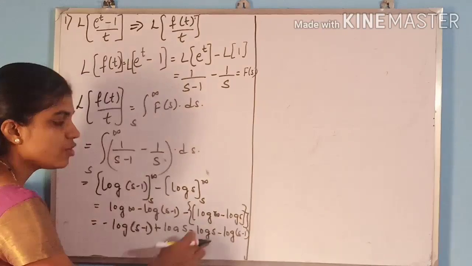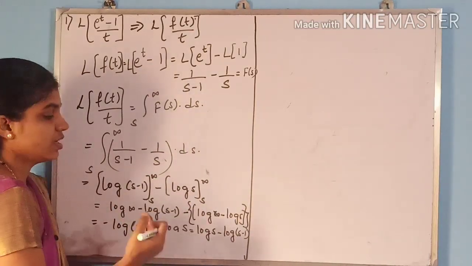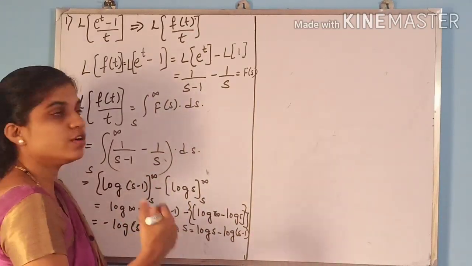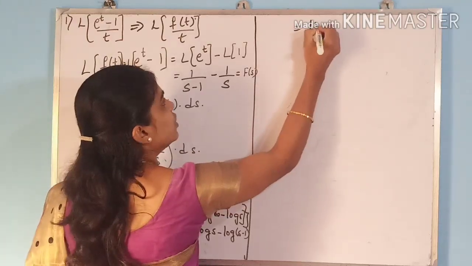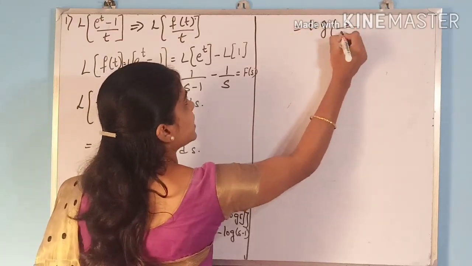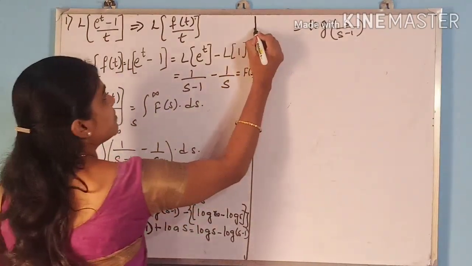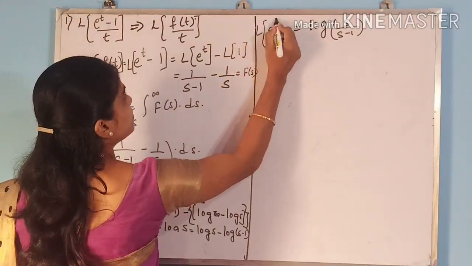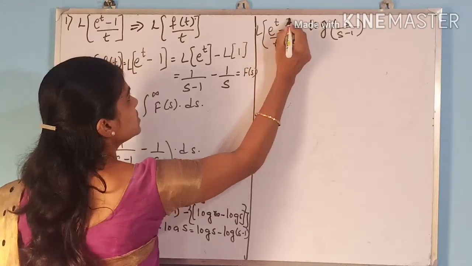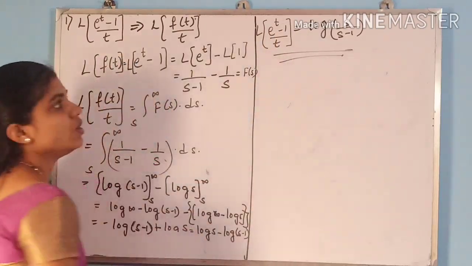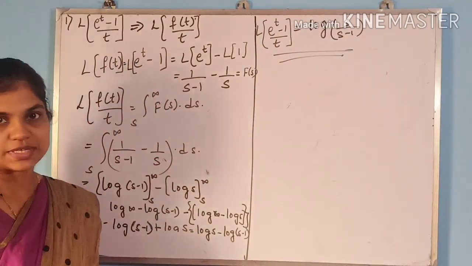What is log of a minus log of b? Log of a minus log of b is log of a by b. So we have log of s divided by s minus 1. Therefore, Laplace transform of e to the power t minus 1 upon t is equal to log of s upon s minus 1.